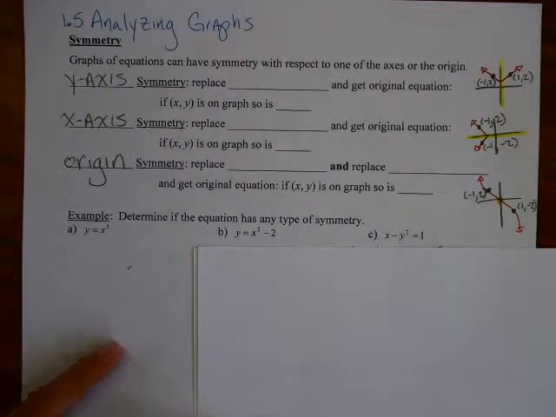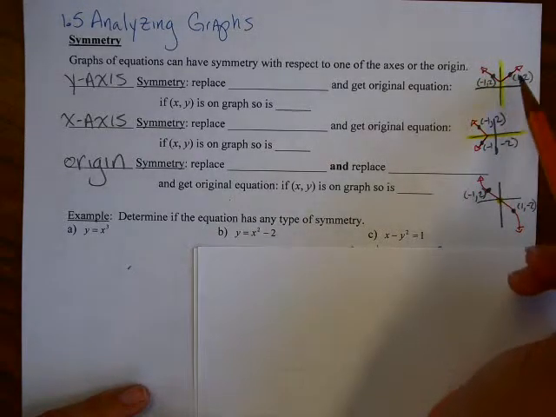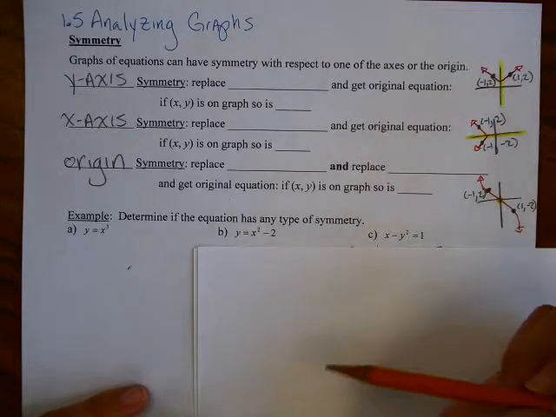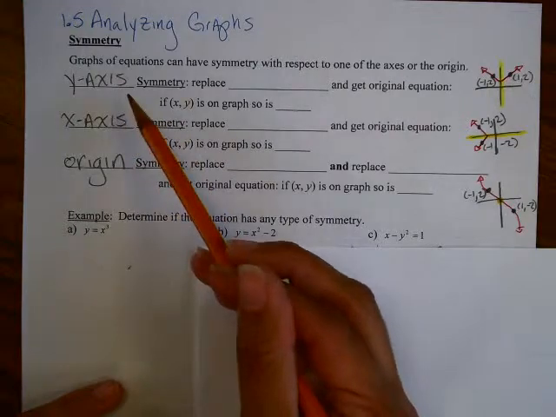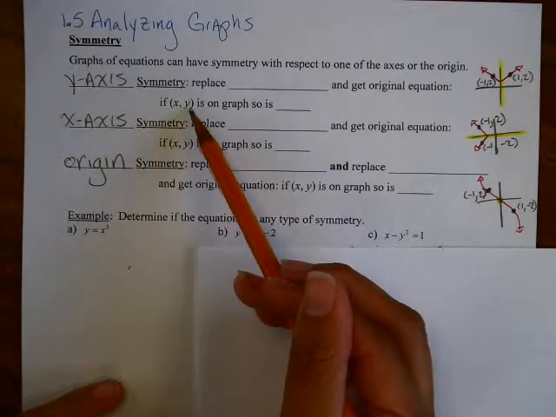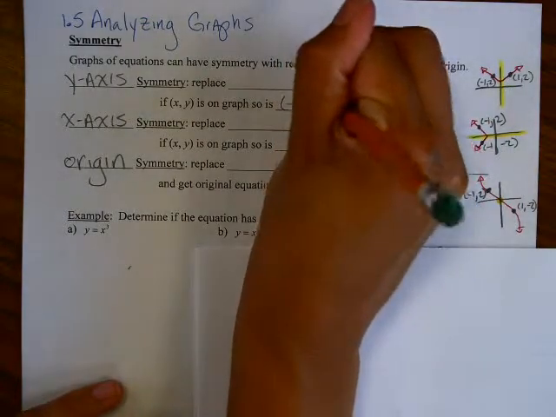So look at how those numbers change in each situation. In the y-axis symmetry, the y value stays the same, but it's the x that gets reflected, and both +1 and -1 are on the graph. So if you have a graph with y-axis symmetry and the point (x, y) is on the graph, then so is (-x, y).